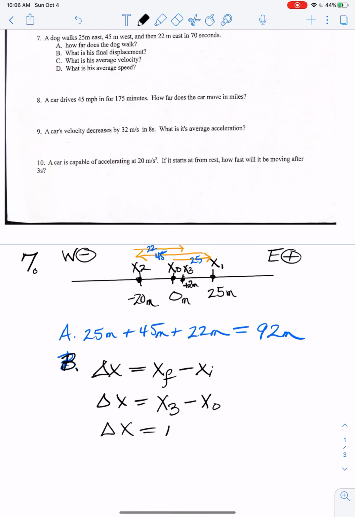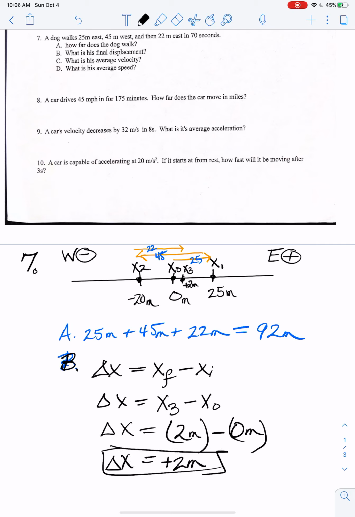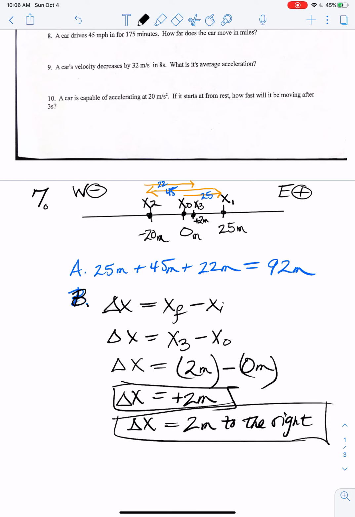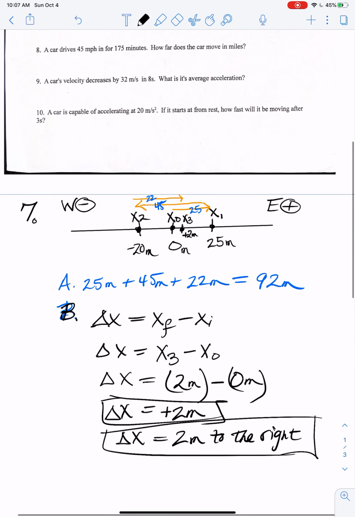X3 is positive 2. And I don't have to write that positive sign. I'm not going to. That's just going to make it a little more confusing. So we can say 2 meters minus 0 meters and get 2 meters for our answer. Notice in the positive direction. So our displacement here is positive 2 meters, or you could have said 2 meters to the right, because that's what that positive sign means, and we have to get used to that coming from math class where maybe we had positives and negatives but they never had any meaning.